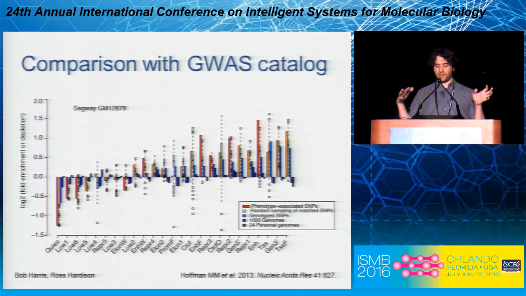And I'm running a little short on time, but you can see this in our NAR paper where we show how you compare Segway annotations against things in the GWAS catalog, and you can find that those phenotypic changes in the GWAS catalog have a big excess over random mutations you might find somewhere like 1000 Genomes that may or may not be phenotype associated.